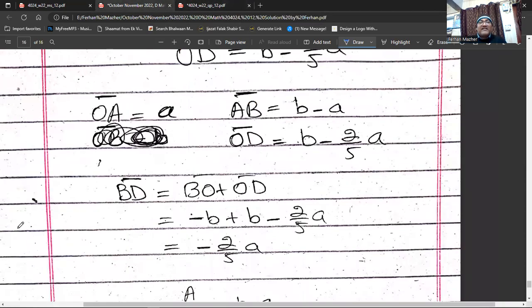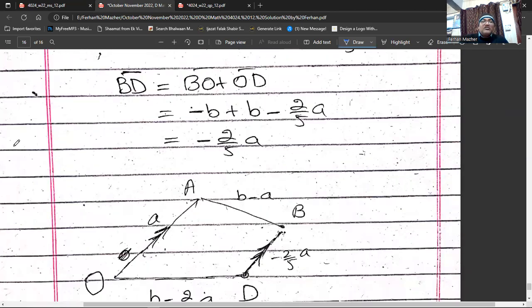BD is also one of the sides. So the BD is, go from B to O and O to D. So that will be BO is minus B plus OD is B minus 2 by 5 of A. So the BD will be minus 2 by 5 of A.